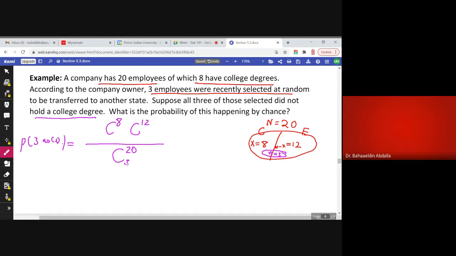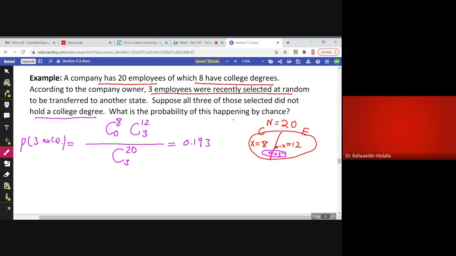And these 3, in this case, you need all of them to not hold a degree. So you need to choose all of them from here, and you will choose 0 from here. 8C0 is 1, by the way. So you can just divide 12C3 by 20C3, and the answer is 11 over 57 or 0.193. So that's the probability.